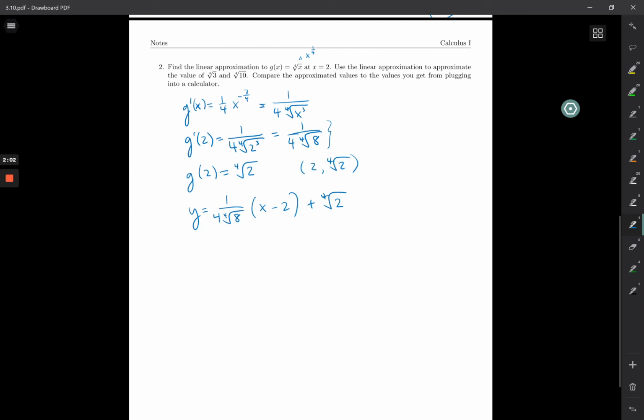Okay, this is the equation of the tangent line. I wouldn't simplify it any more than this because we are just going to rewrite it as the linearization and then plug our points in.